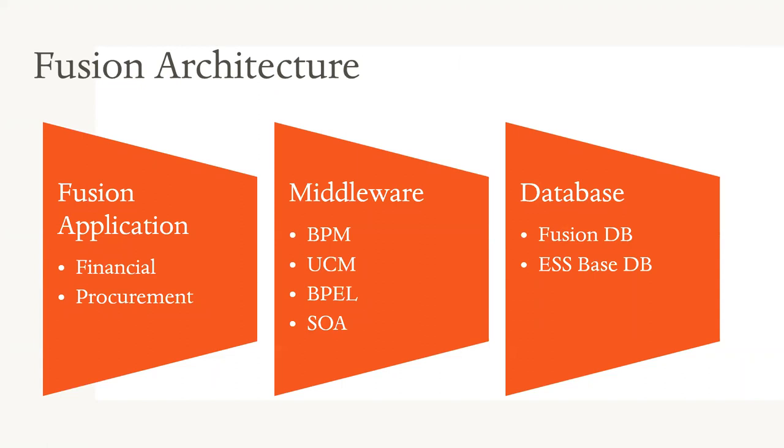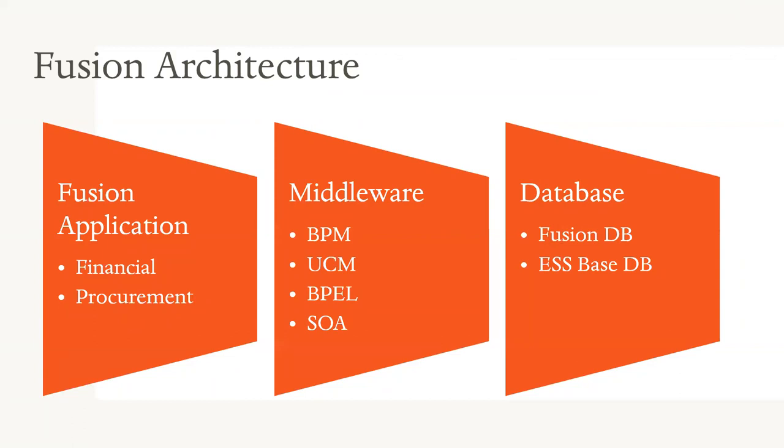The Fusion application is nothing but our financials, procurement, supply chain, project accounting and project costing. So this we call the application. And then we have the middleware. For middleware, we have BPM. What is BPM? BPM is business process management. So why do we need business process management?